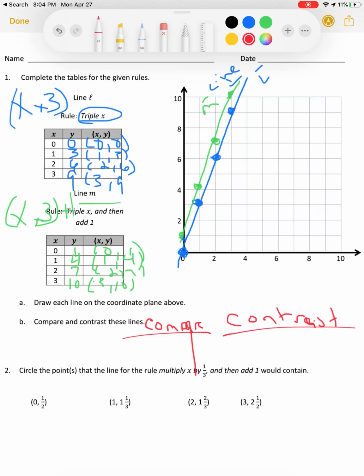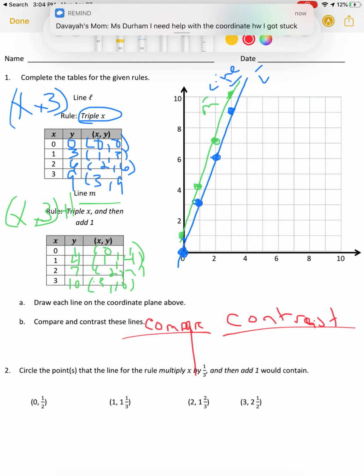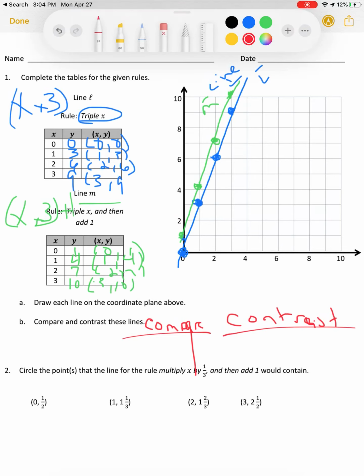If you didn't, just remember compare means things that are like, okay, comparing things. You can compare yourself to your brother or your sister if you like, things that you all have in common, your features. You may have the same nose, the same eye shape, and then you can contrast between yourself and your sister or brother, things that you all have different. One may have on blue shoes and the other one may have on red shoes.